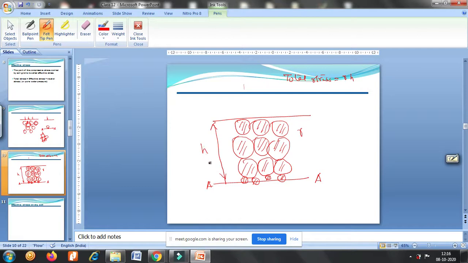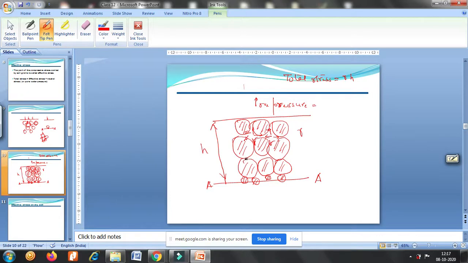Now the next one is the pore pressure. What is the pore pressure? The pore pressure is also called the pore water pressure, or the neutral stress. Now when we apply the load, the water present here will give some hydrostatic force in all directions, in the upward as well as in the downward direction.